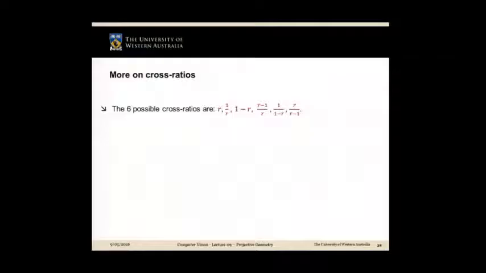Okay, now as we discussed, there are 6 possible cross ratios which are represented by this particular expression. R, of course, is a cross ratio here. Then we have a special case. If R is equal to half, then the 6 cross ratios are not unique anymore. Uniqueness means there is no repeatability, right? 6 unique values means they are different from each other.